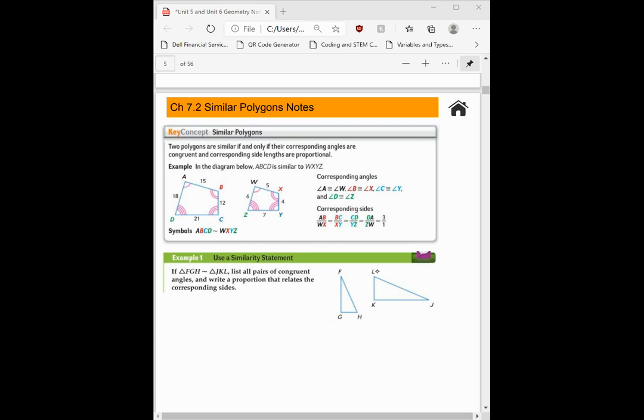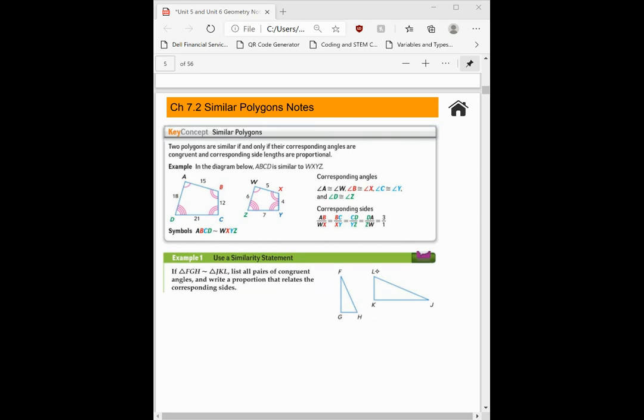For example, if we wrote each side over the other one, so 15 over 5, 18 over 6, 12 over 4, and 21 over 3, all of them are going to reduce to the number 3. So that means ABCD is 3 times bigger than WXYZ.